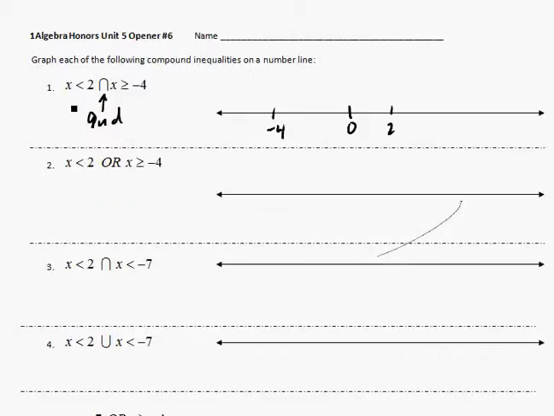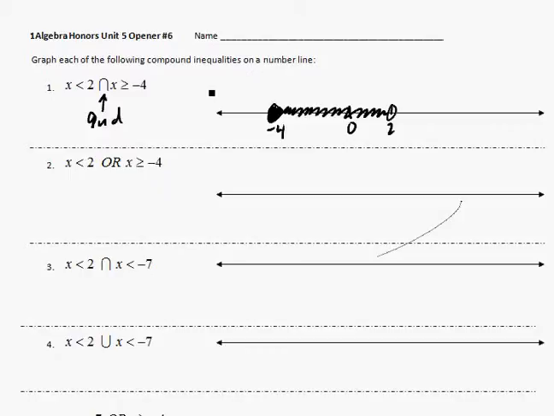If we want the values of x that are both less than 2 and greater than or equal to -4, we would want the numbers in between -4 and 2, because these numbers are both less than 2 and greater than or equal to -4. Since we want the numbers that are greater than or equal to -4, we would make this a closed circle, since that satisfies that inequality.